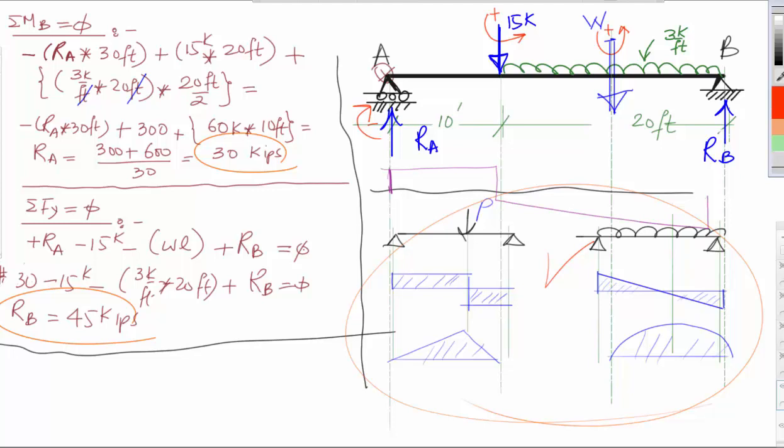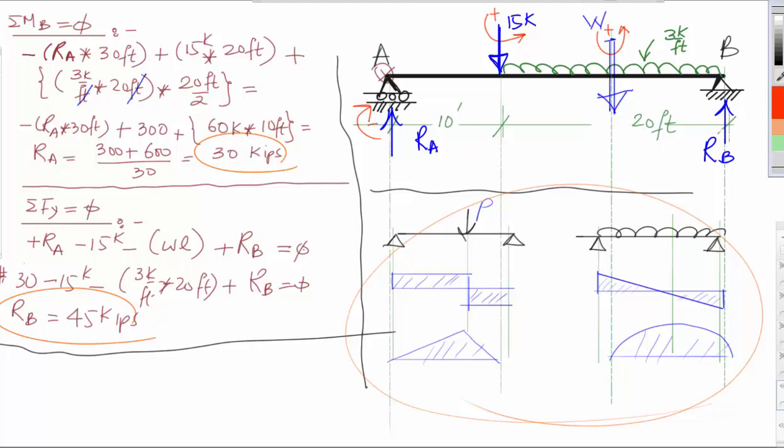I'll estimate. That's for shear. For bending, because of this it will go something like that, and because of this it will be something like that, I would assume. Just keep that in mind, because at the end when you're asked to sketch a diagram, the mark dedicated for the diagram is remarkable, so you need to pay attention to that part. So that's for the reactions.